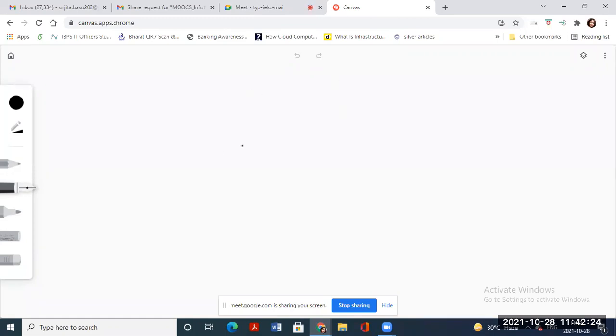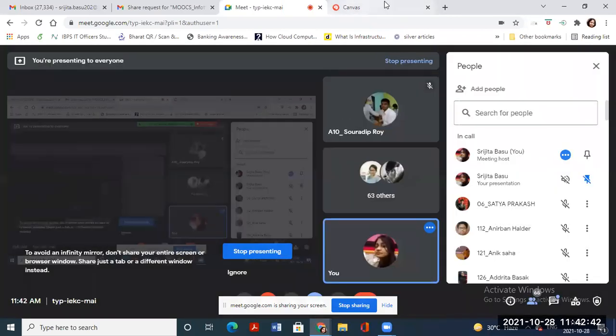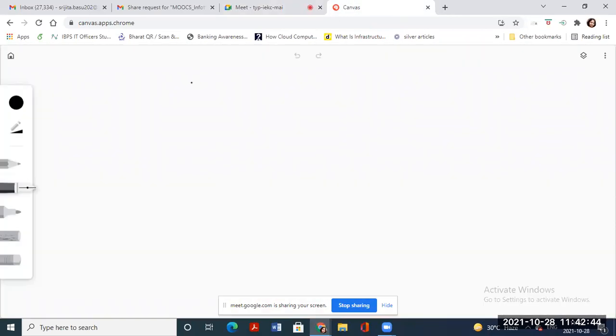So yeah, as I was saying, what we are going to learn today is, given a regular expression, you should be able to convert it into a corresponding NFA or DFA. Suppose the given regular expression is something like this.